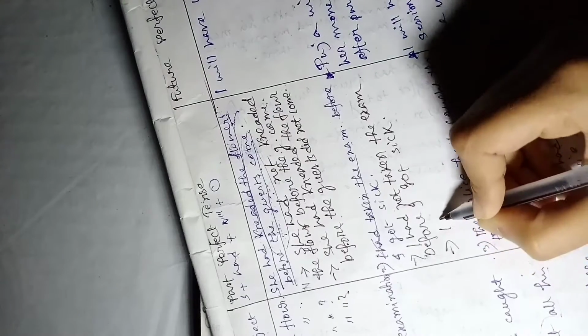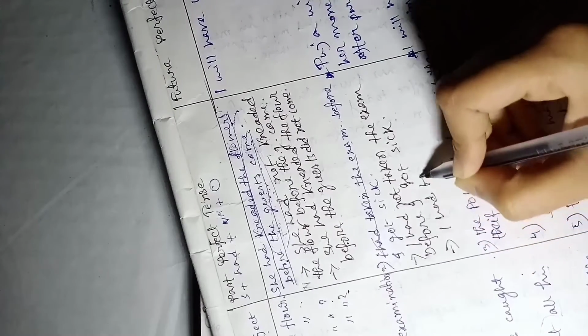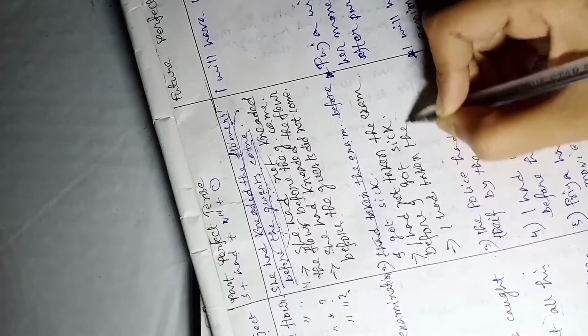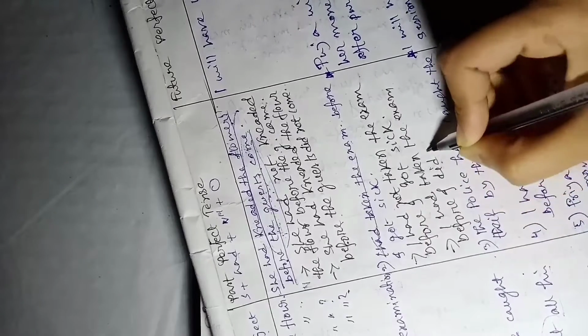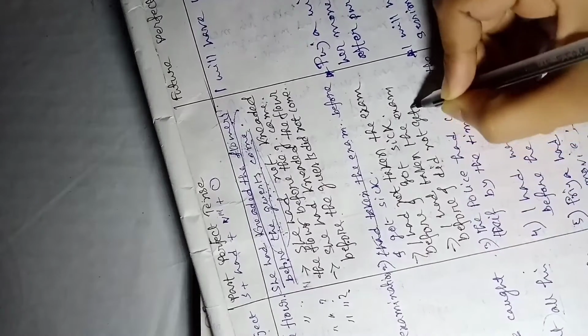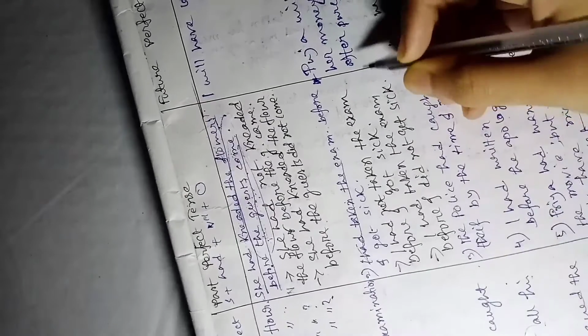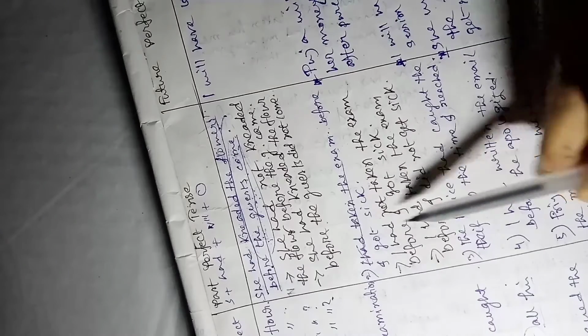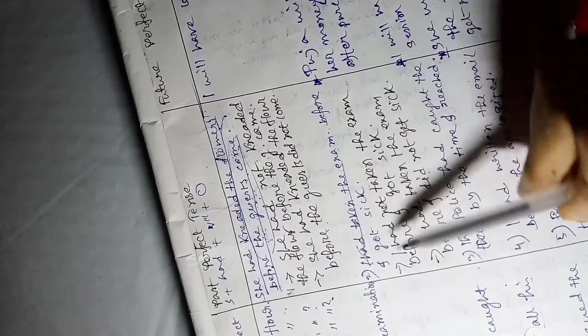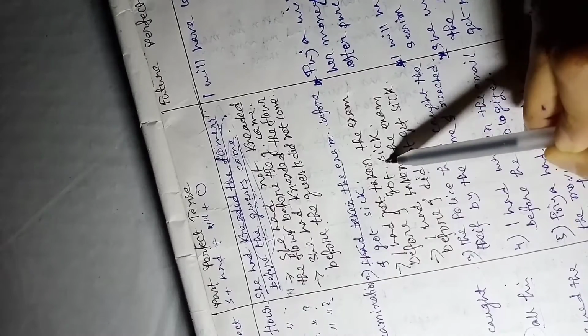The other way is I had taken the exam before I did not get sick. Okay, then try to find out the meaning of these two sentences. Here, I had not taken the exam, I mean the first action has been transformed into a negative one and the second action is as it was.